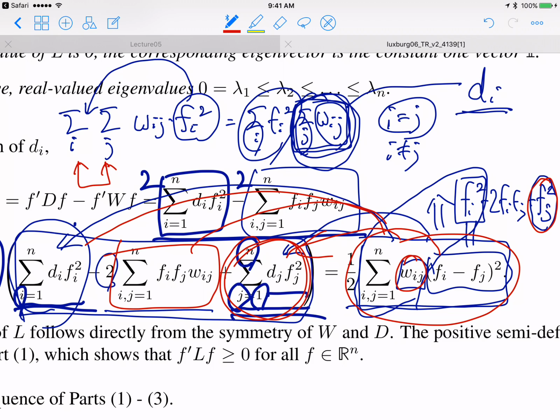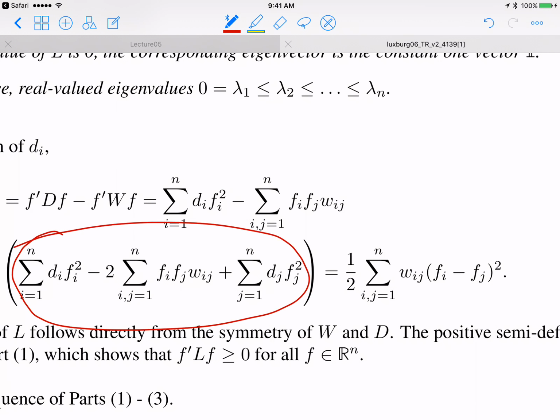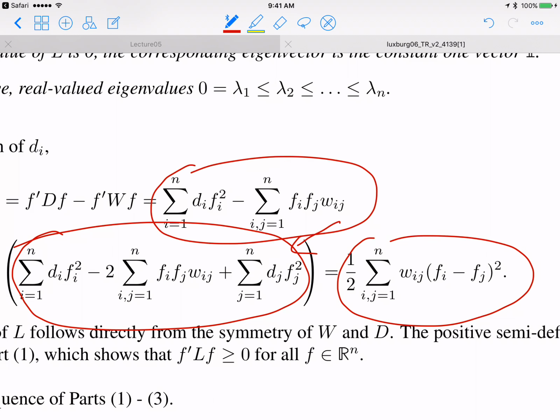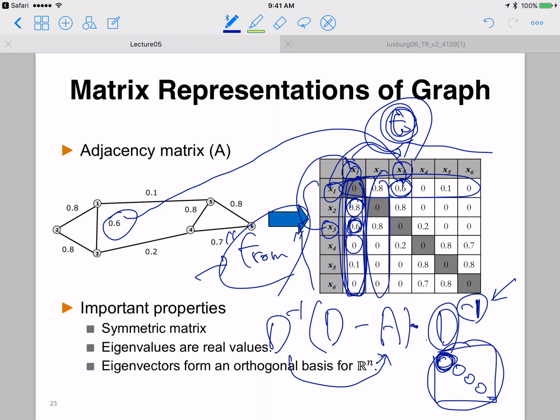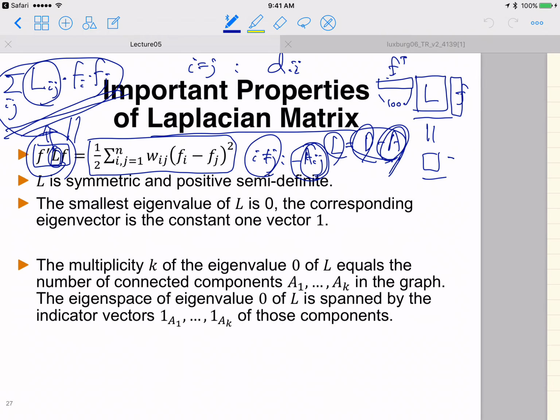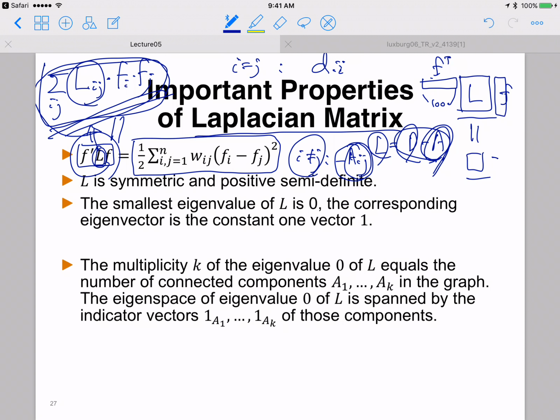That way we derived that this is the same as this, and this is the same as this. Okay. Now let's try to understand the meaning of this. Originally this guy is represented as this. Okay, it's a kind of generalized 2 norm.